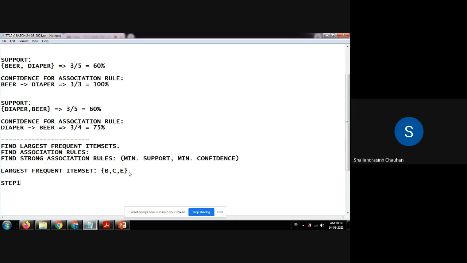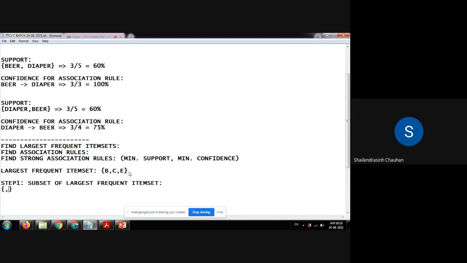Here's step number 1. You need to find out subsets of the largest frequent item set. Here you are having subsets of this except null.